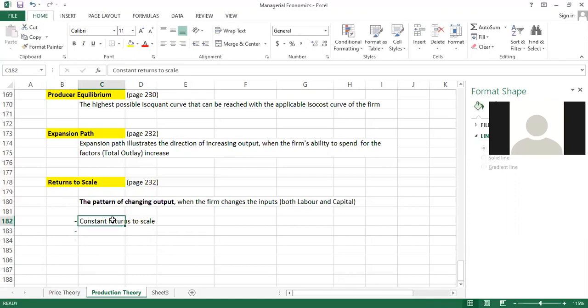So there are three types of returns to scale.